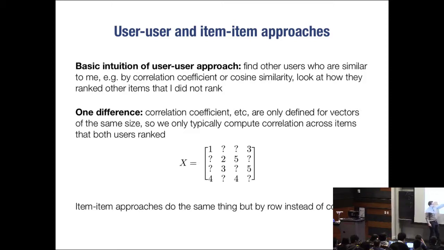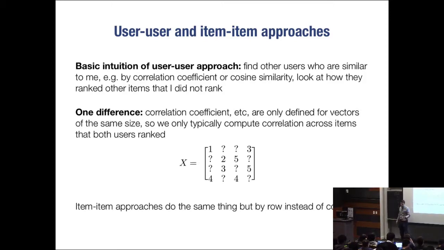The problem here is that we don't actually observe all the entries of this matrix. So how do we compute a correlation between myself and someone else when there are all these missing entries? And really we do exactly what you would expect. In most of these techniques, we only compute the similarity between two users for the items that they both have rated.